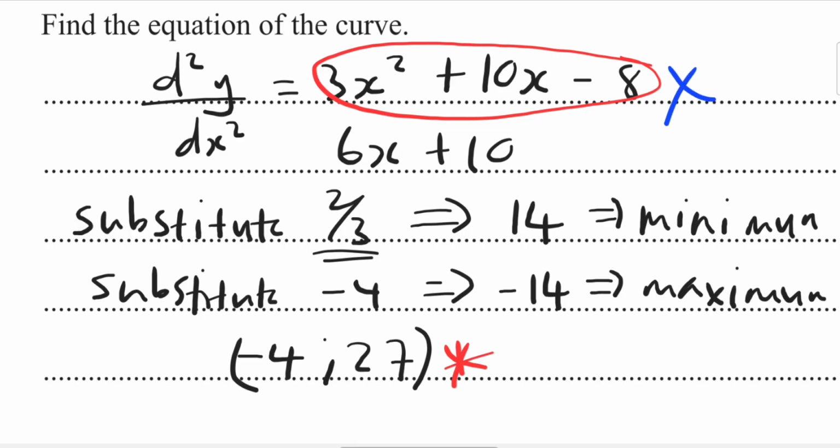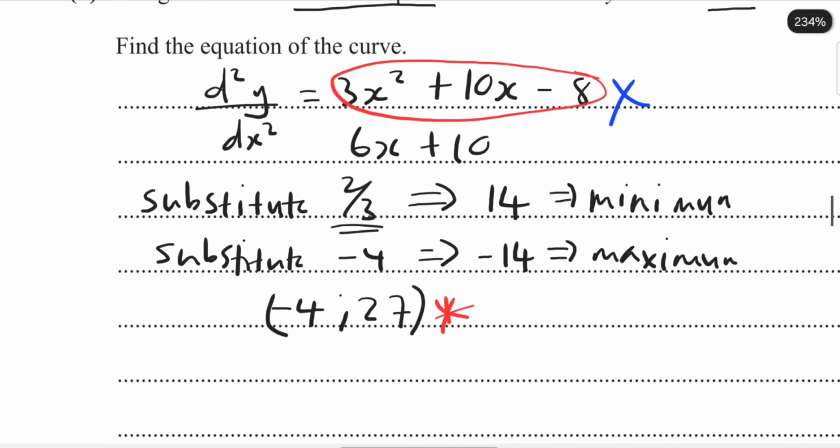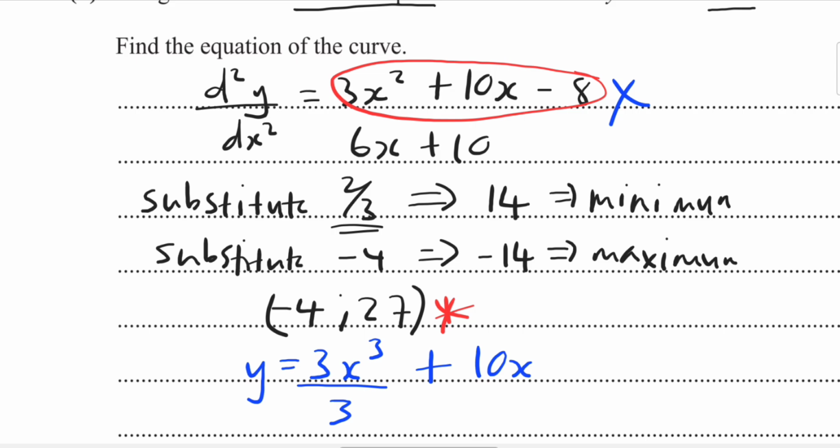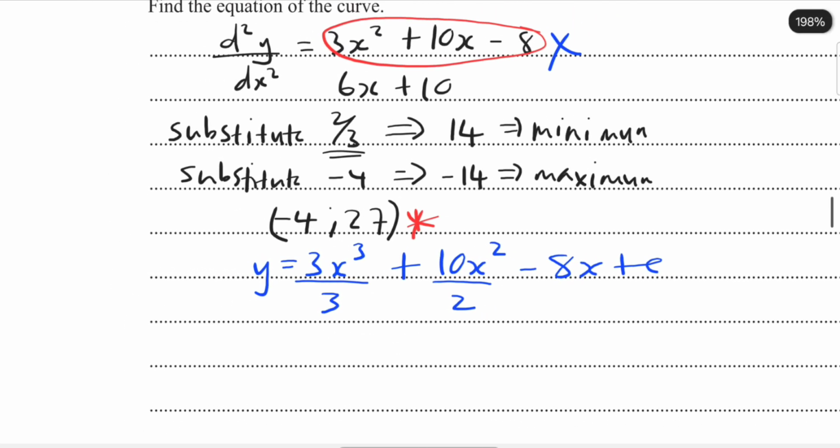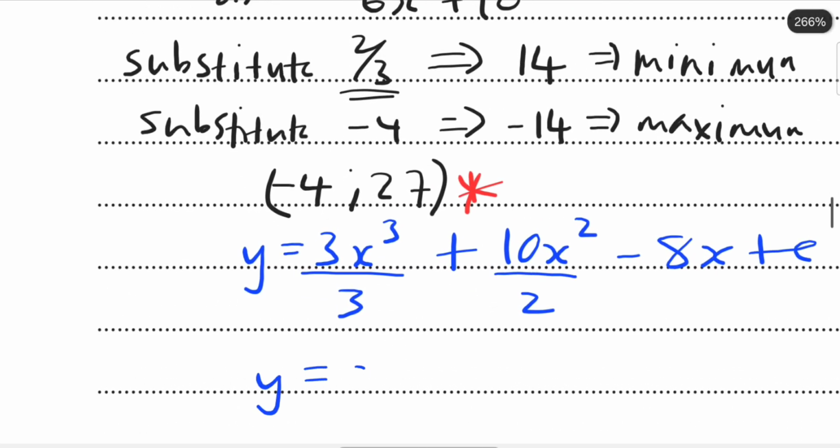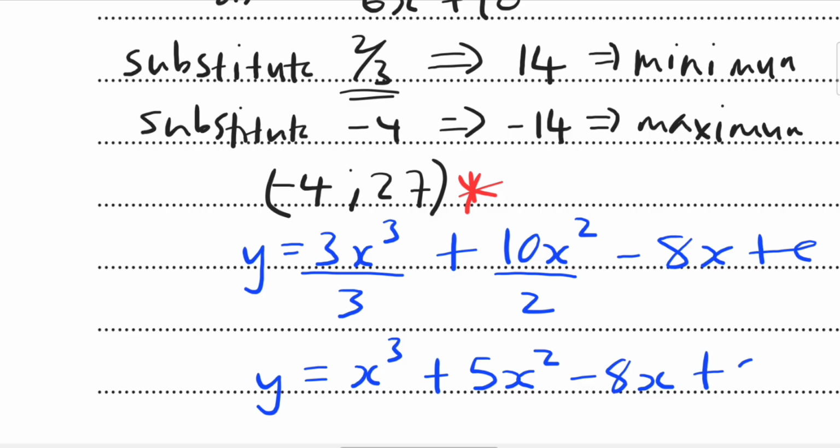So integrating this, we get y equals 3x, adding 1 to the power it'll be 3, then dividing by the new power, plus 10x, add 1 to the power, it'll be x to the power 2 over 2, minus 8x plus c, right? So this will be y equals x to the power 3 plus 5x squared minus 8x plus c.